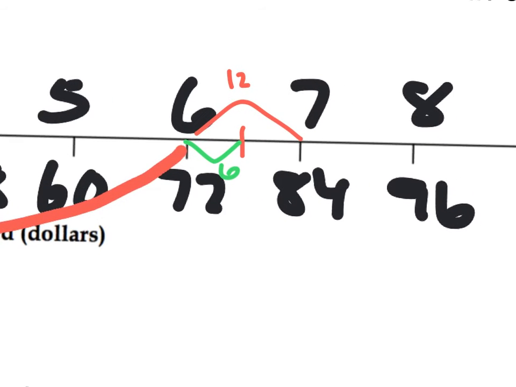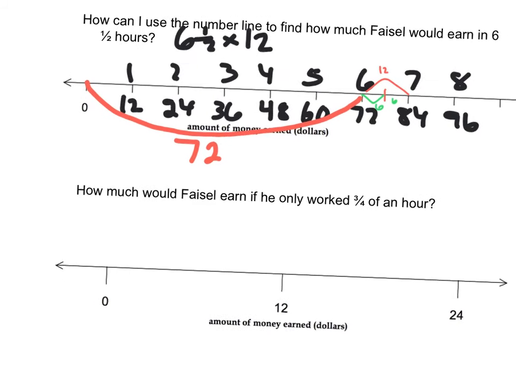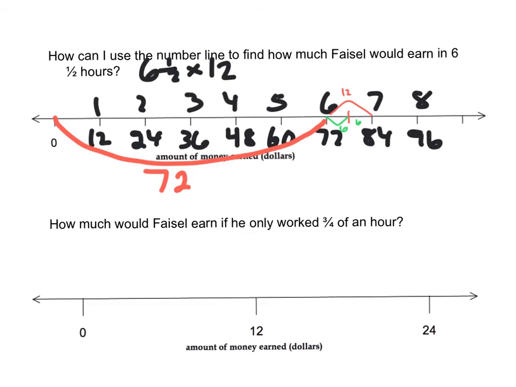So then what we can do is we can essentially go back to this problem and we look at that 72 plus the 6 for the additional half hour, and we would see that he made $78 for 6.5 hours of work.